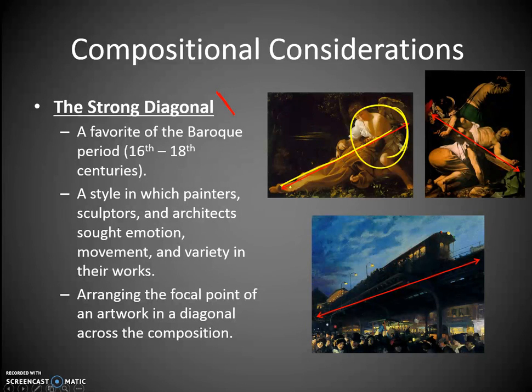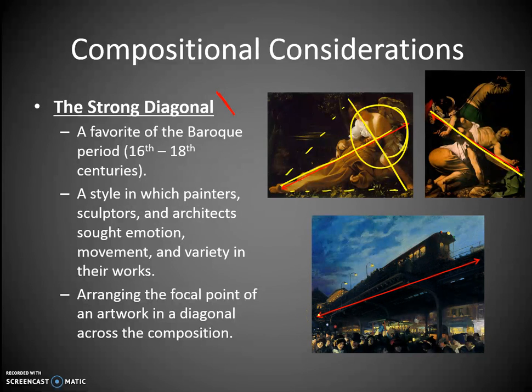Now, one could argue that they actually took a lot of their inspiration from the golden triangle, because if I do this, you'll notice that could start to create, in essence, a triangle. Yes, there are relationships, and that's something that you're going to find all throughout these compositions, is that they are very similar and they relate to each other. Here you'll notice once again how the main subject is going across. Same thing here with the train.